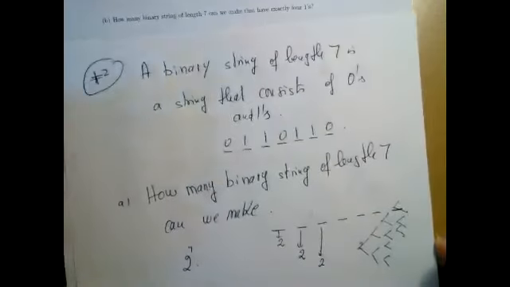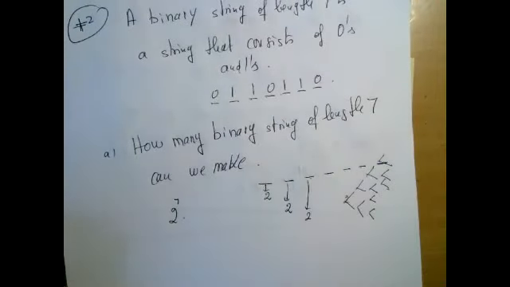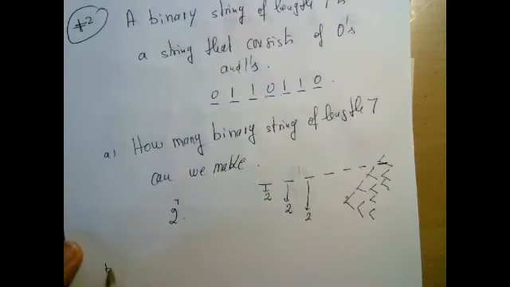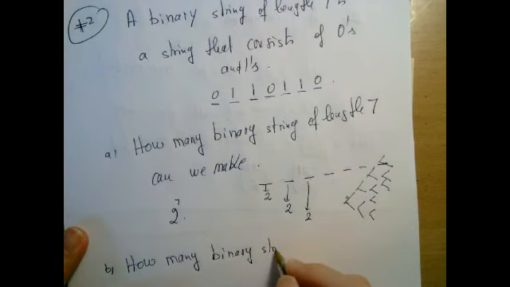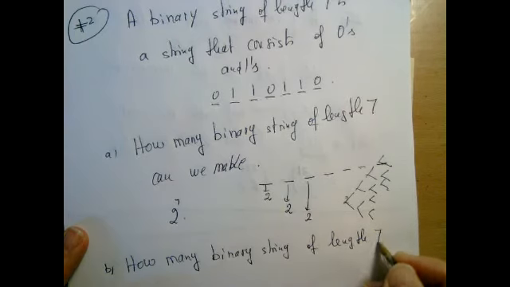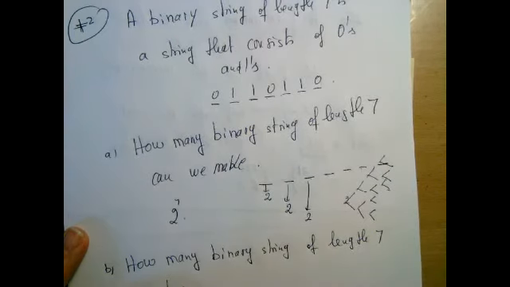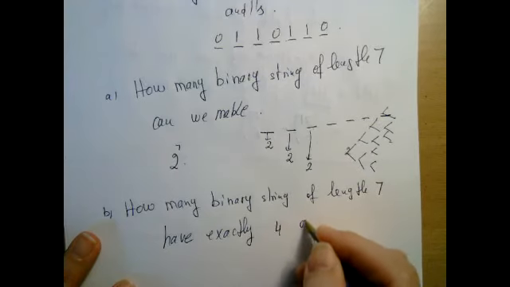B: How many binary strings of length 7 can we make that have exactly 4 ones? So I will write it. How many binary strings of length 7 have exactly 4 ones?